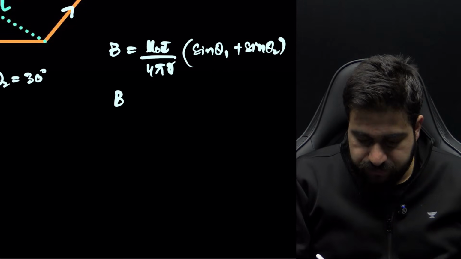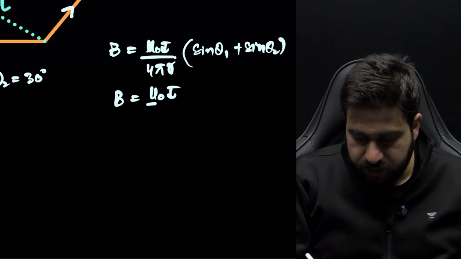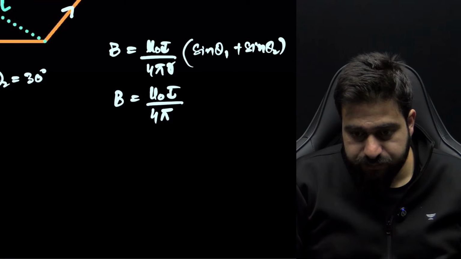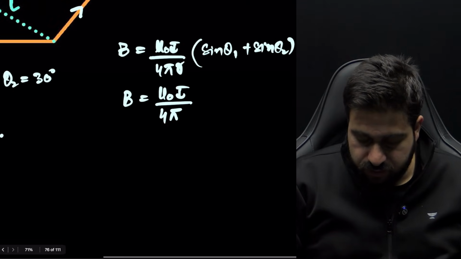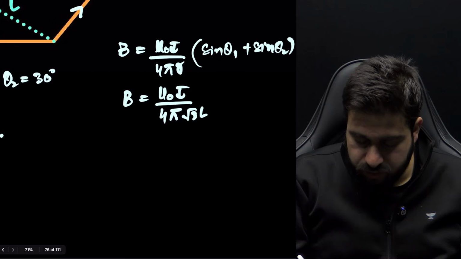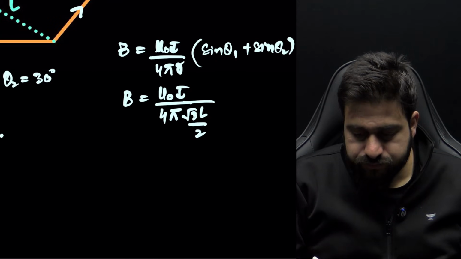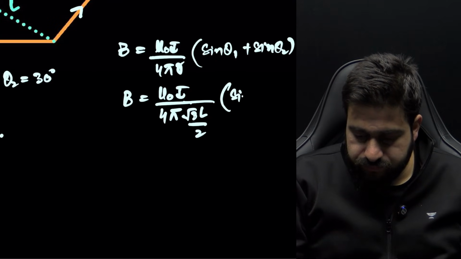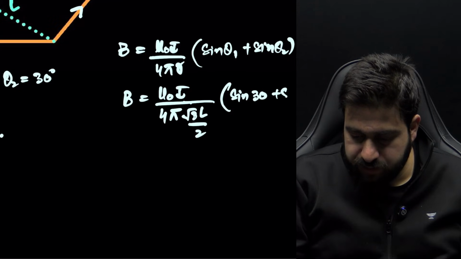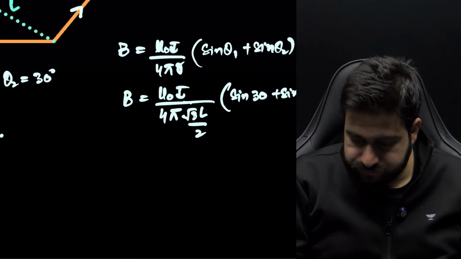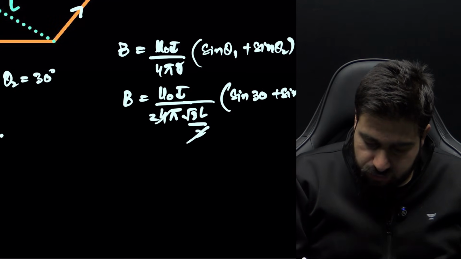So you can say B is equal to mu naught I divided by 4 pi R. Instead of R, you can write root 3 L divided by 2. Then sine of 30 plus sine of 30. 2 ones are 2, 2 twos are 4.